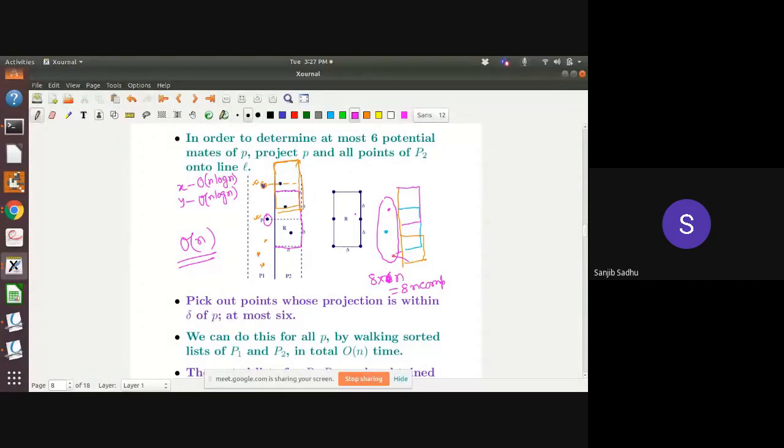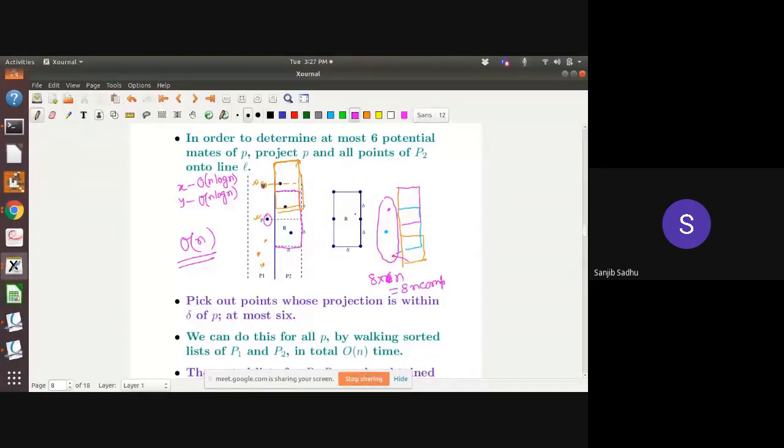Then what I am doing, I am dividing the point set into two parts, left and right, after computing the median, and then I will find the closest pair for the left half S1 and right part S2. Then I find the minimum of delta 1 and delta 2, and I will consider a strip.